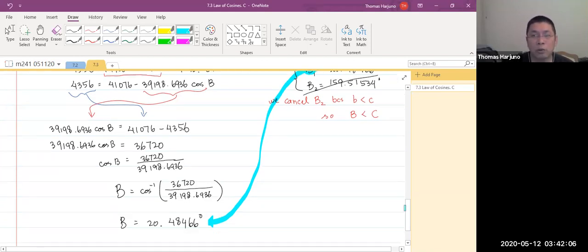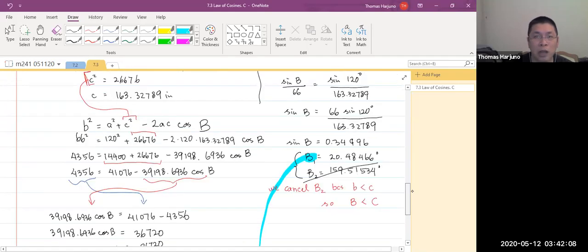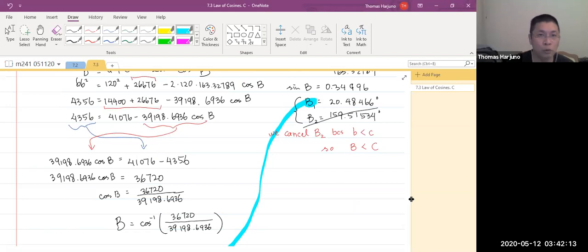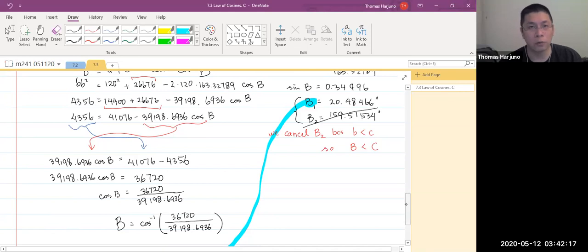Now, the reason I told you that if you are able to use both law of cosine and law of sine, law of cosine will give you only one answer. Why? Because if cosine of something is positive, that angle has to be in quadrant 1 or quadrant 4, right?